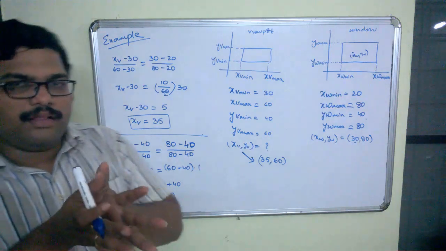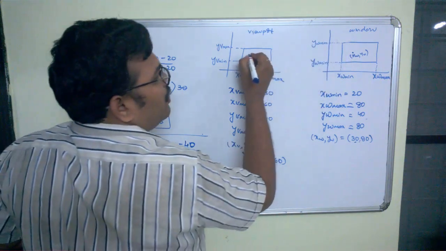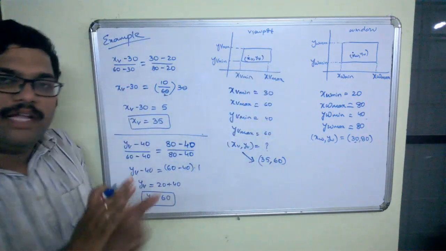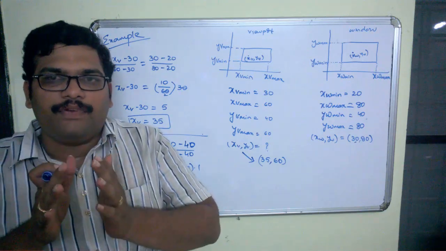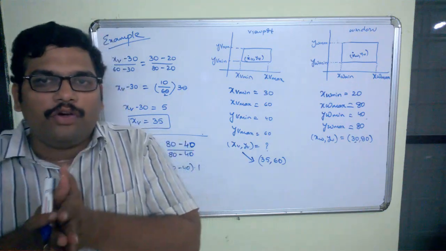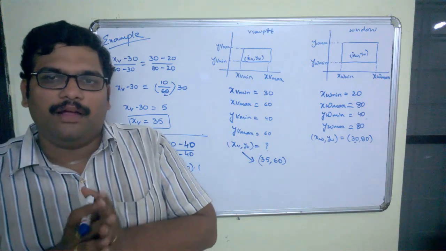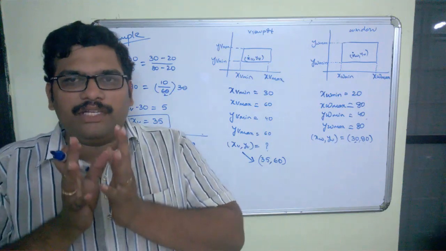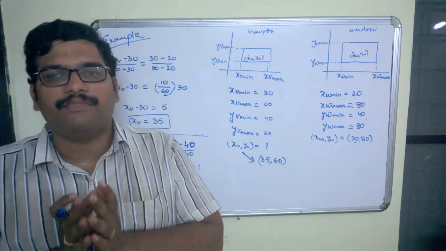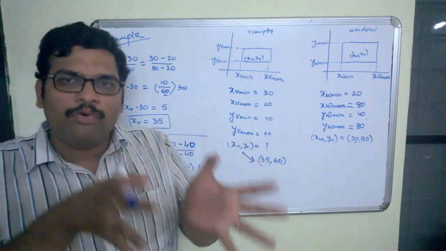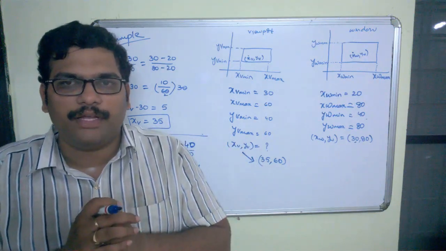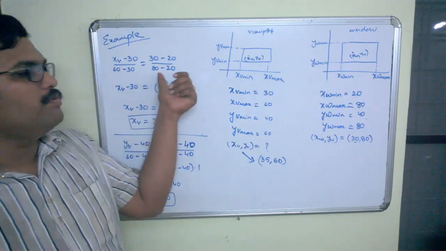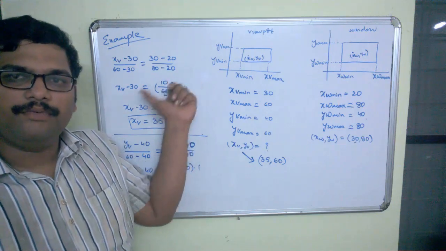The main difference between window and viewport is that the window is what is to be displayed and the viewport is where it is to be displayed. The relative position of an object will be the same, though according to the boundaries the actual position may vary. For that purpose we use the same formula to find the viewport coordinates.